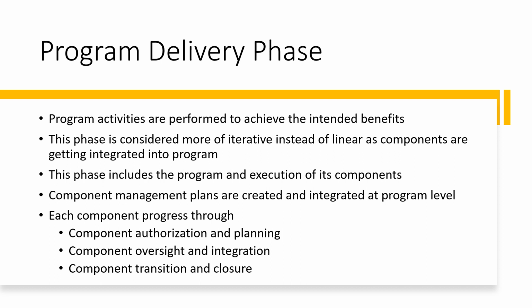This phase is considered more iterative than linear because components are getting integrated into the program. Multiple components are designed to have integrated benefits, so it cannot be linear. It has to be iterative, and you have to progressively elaborate things and mature toward getting the intended benefits. This phase includes program execution as well as the execution of its components.